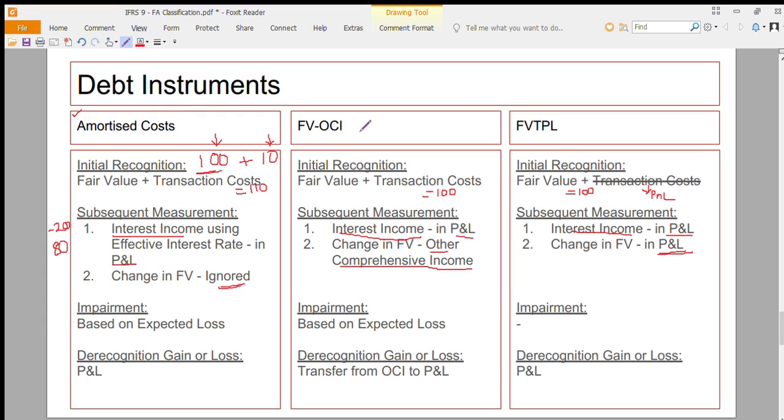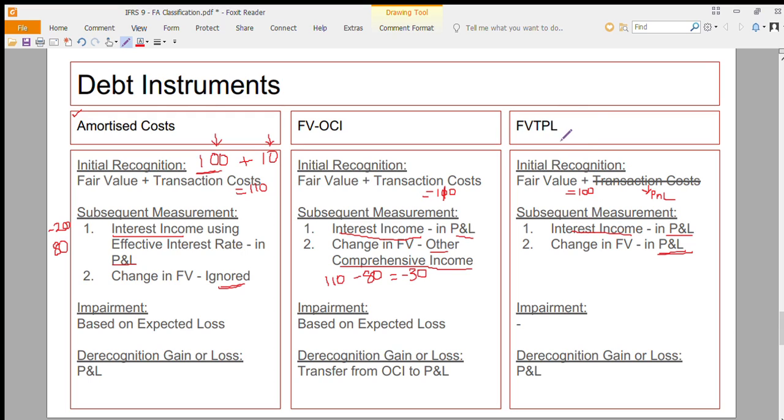If it is classified under category 2, fair value through other comprehensive income, the change in fair value, that is 110 minus 80, which is $30, in this case a loss, should go to other comprehensive income. It will not impact your P&L. If it hits your other comprehensive income, it will directly go to your reserves. So what happens in this case is, your company's equity reflects the change in fair value of the assets, but it will not impact your profit and loss for the period.